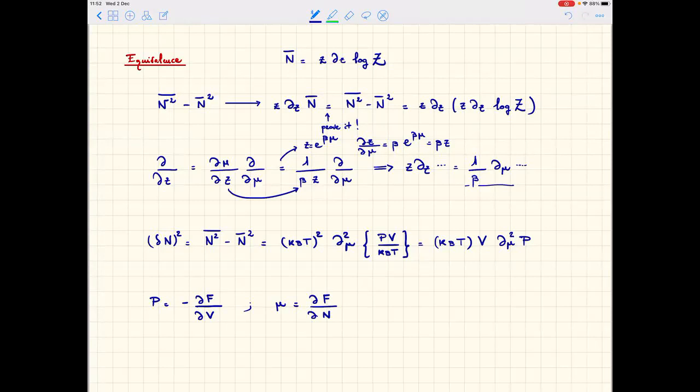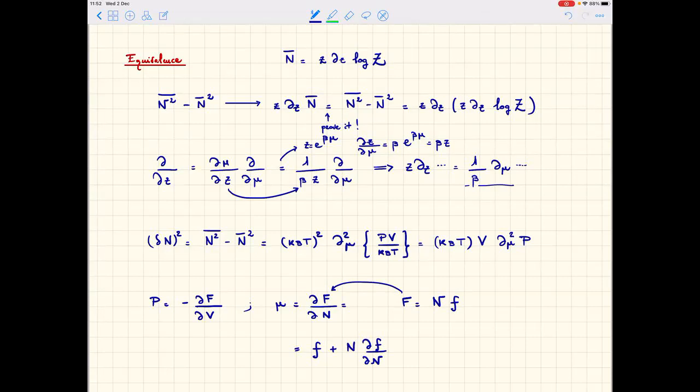Now, F is the Helmholtz free energy, an extensive quantity, therefore I can write it as N times a free energy density f. Therefore, if I put this expression in here, the chemical potential is equal to f plus N df/dN. Right?